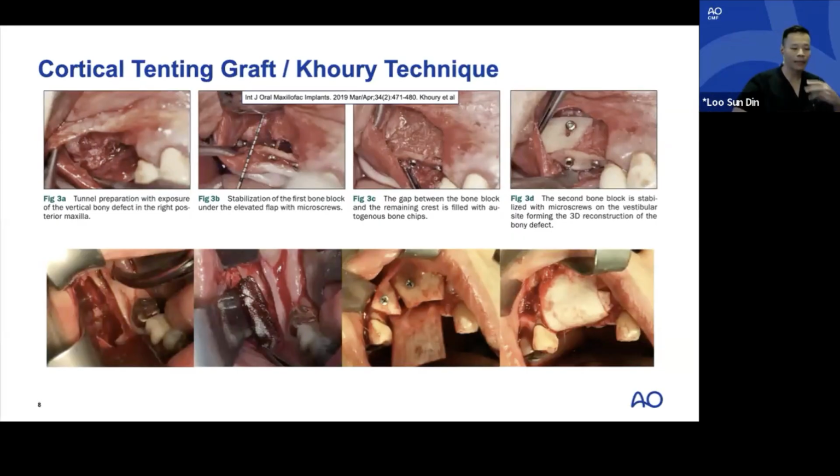The gap that's created between the graft site and the cortical bone is grafted with mainly autograft. You can either put or not put a resorbable membrane, then primary closure. Implant is placed roughly 4 months later. It is highly technique sensitive and it requires a lot more instruments and titanium screws.